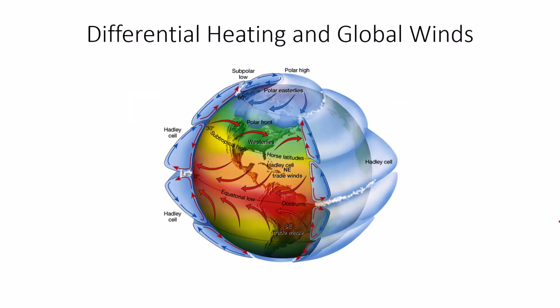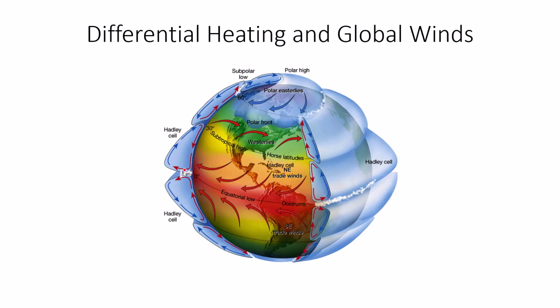So what does this unequal distribution of heat between the poles and the equator do for the global winds? We know that hot air rises and cold air sinks, and that's because it changes the density. The warmest spots of Earth are always around the equator, which means that's where a lot of our air warming takes place.